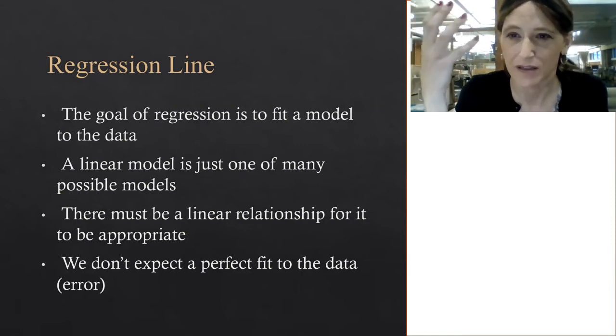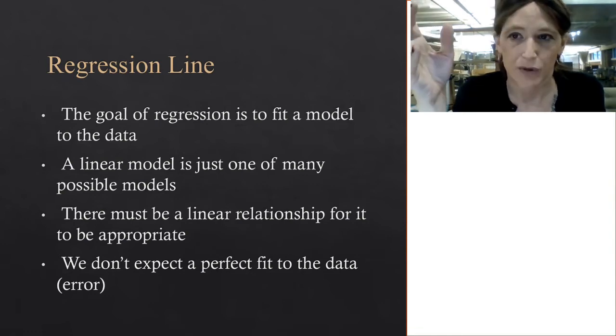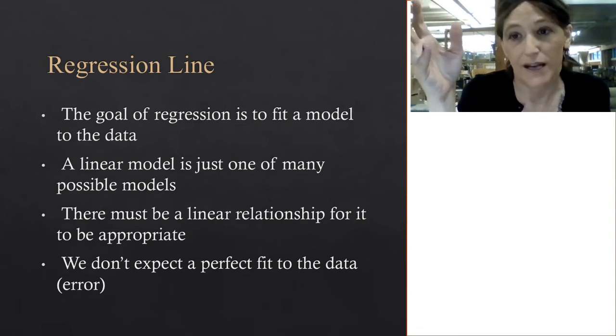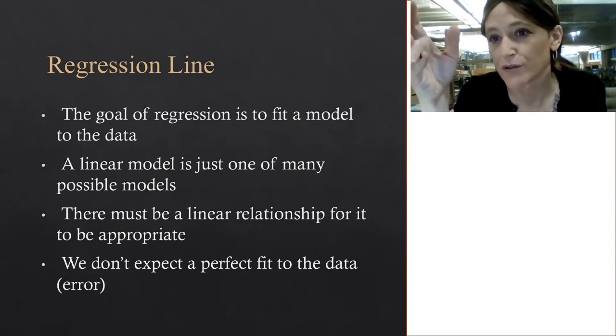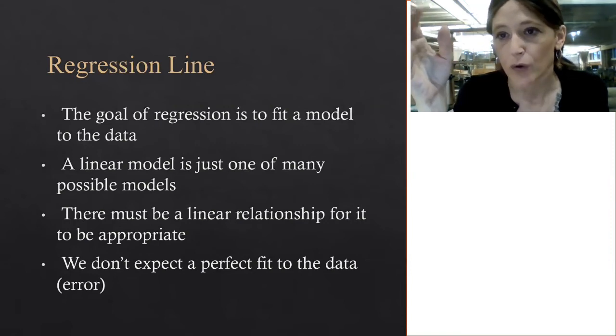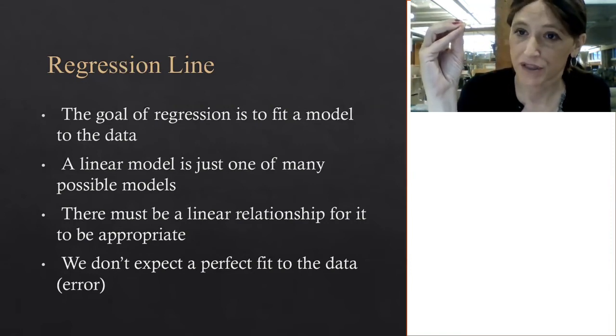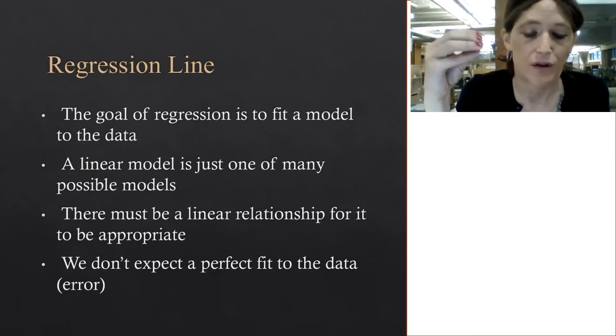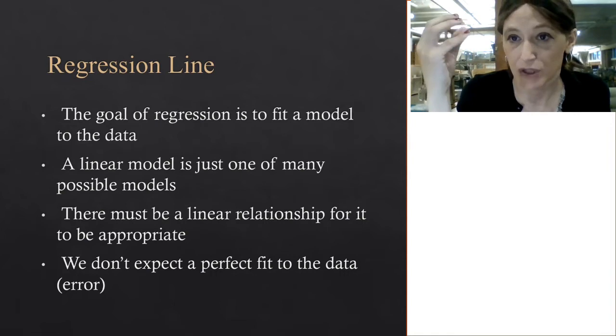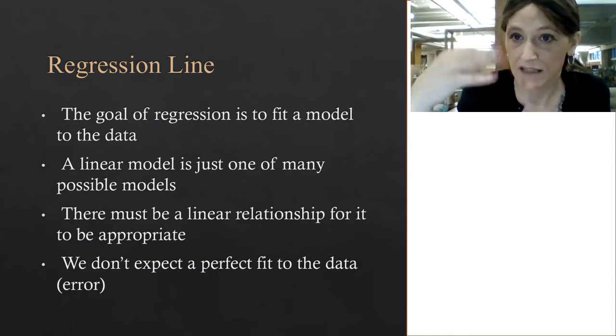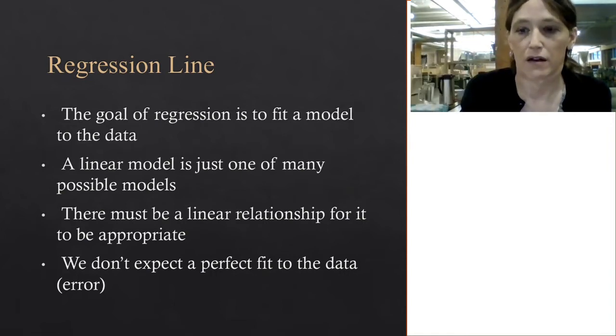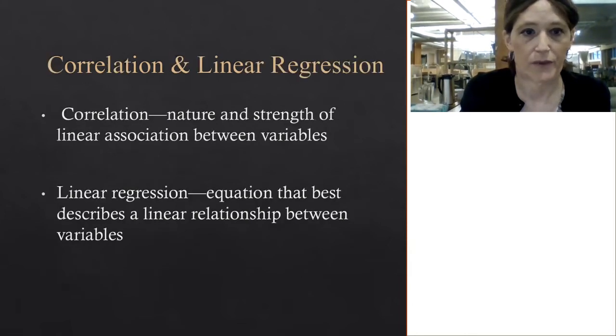So the fact that we didn't perfectly predict someone's weight based on height, maybe if we knew something else about them, we could more accurately predict their actual weight. And so when we start to look at other factors, we should be able to get less variability along our lines of best fit, okay?